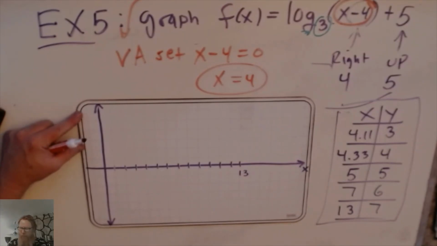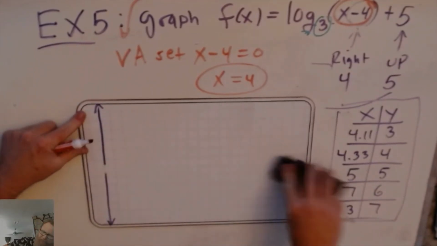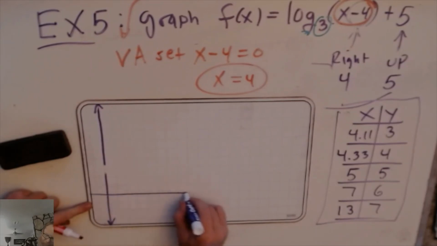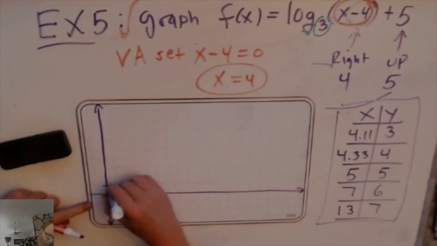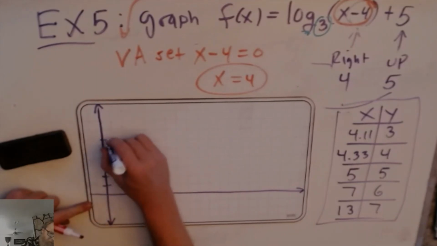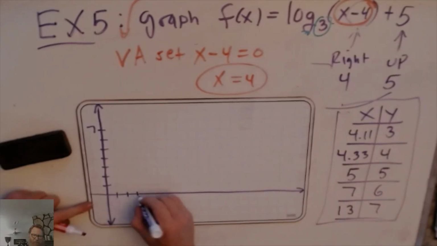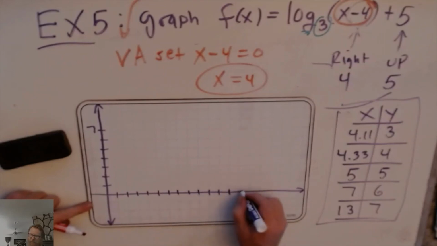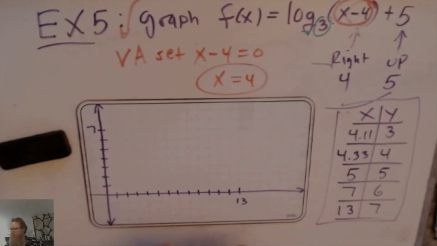Oh no. I'm not going to have room to go to 7, so just let me make a real quick modification. 1, 2, 3, 4, 5, 6, 7. I want to make sure I get to 7 on the y, and 1, 2, 3, 4, 5, 6, 7, 8, 9, 10, 11, 12, 13 on the x. Now I know that my graph will fit.